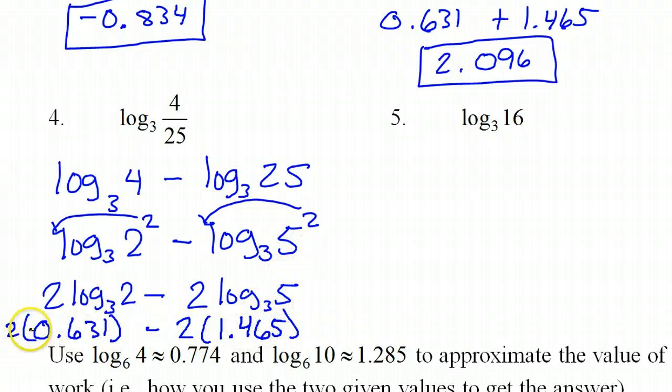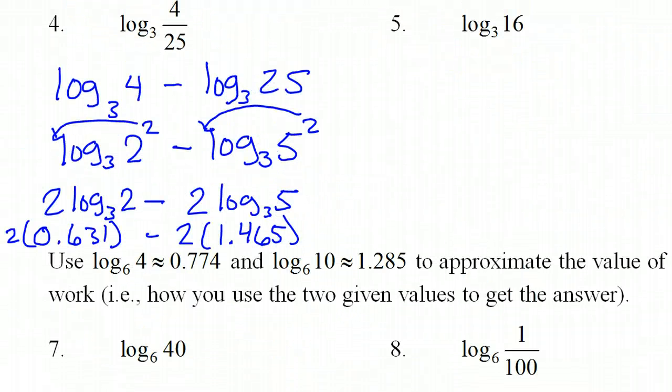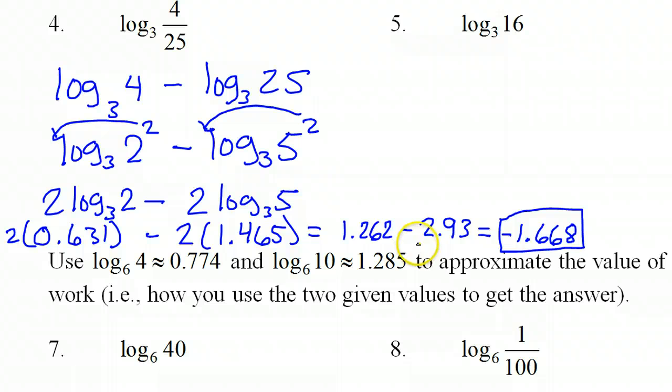Okay, so we can put this in our calculator. So that would be the same as 1.262 minus 2.93. And that equals negative 1.668.